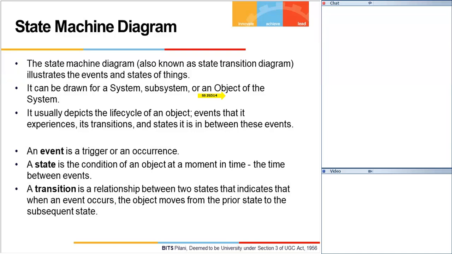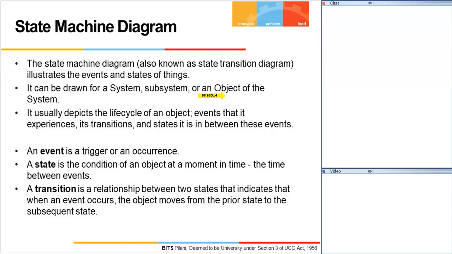The whole idea is that given a system, if it exists in different states, then this diagram is useful to depict those states of the system or subsystem or the object, right? So it is very important that given a case study, one should be able to find out whether a state machine diagram is a good diagram to go about in order to describe this system, right?